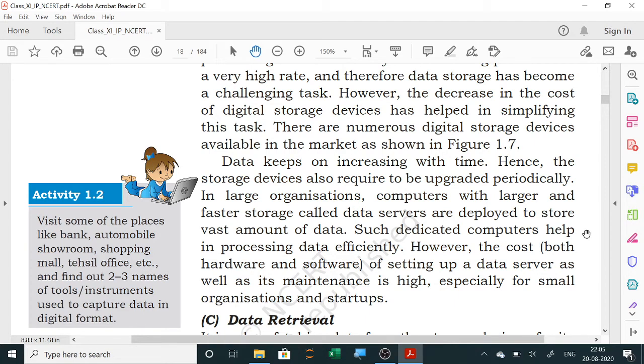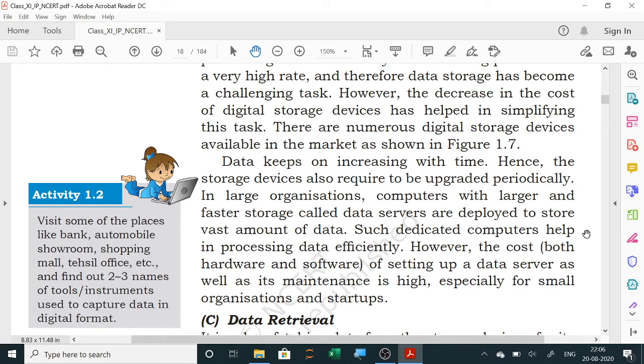Data keeps on increasing with time. Hence, the storage devices also need to be upgraded periodically. In large organizations, computers with larger and faster storage, called data servers, are deployed to store vast amounts of data, like the bank server, the SBI server, or for railways the IRCTC server where we do our reservations.